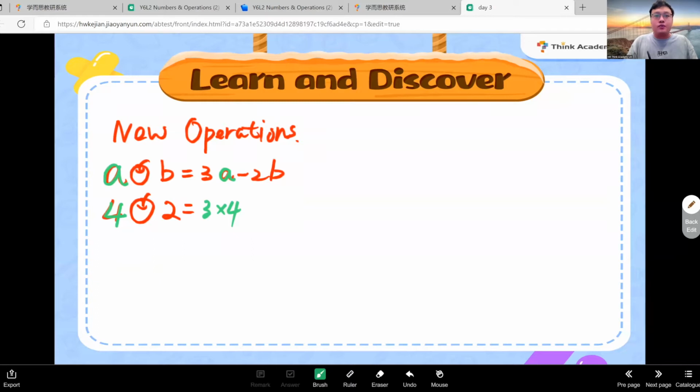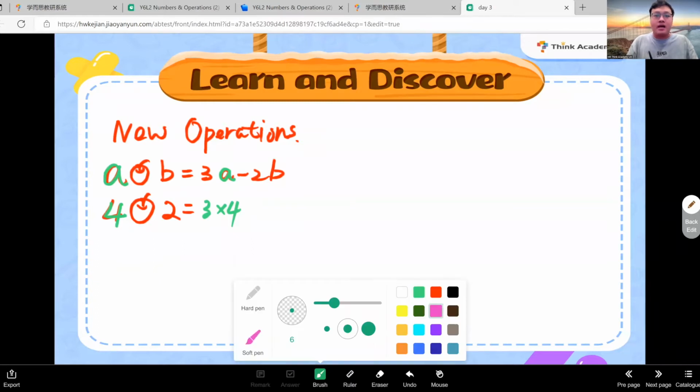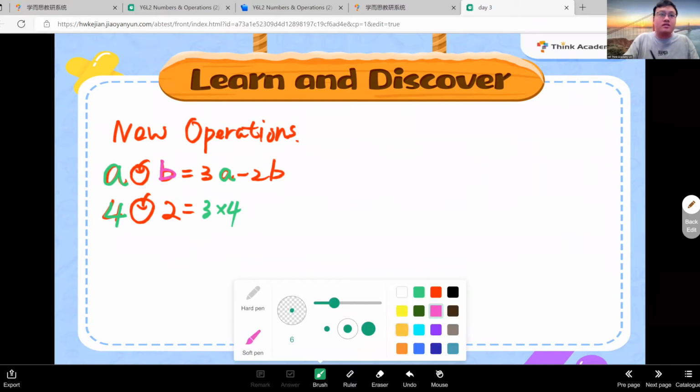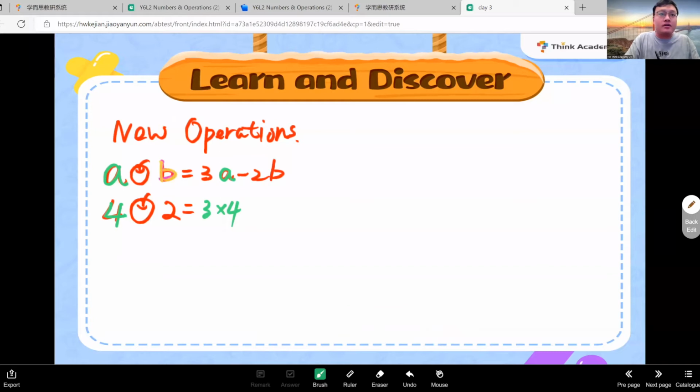And for B, let's use this orange color here. I'm going to replace B by 2, so you take away 2 times 2. What do you get? It's 12, take away 4, that is 8. So that's 4 apple 2.